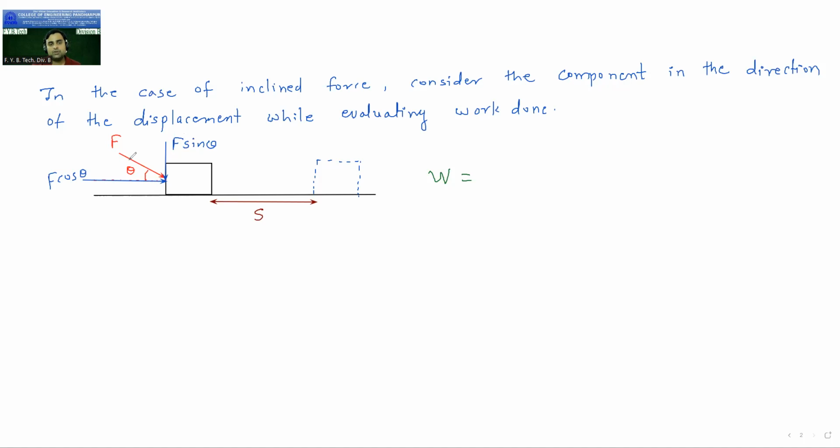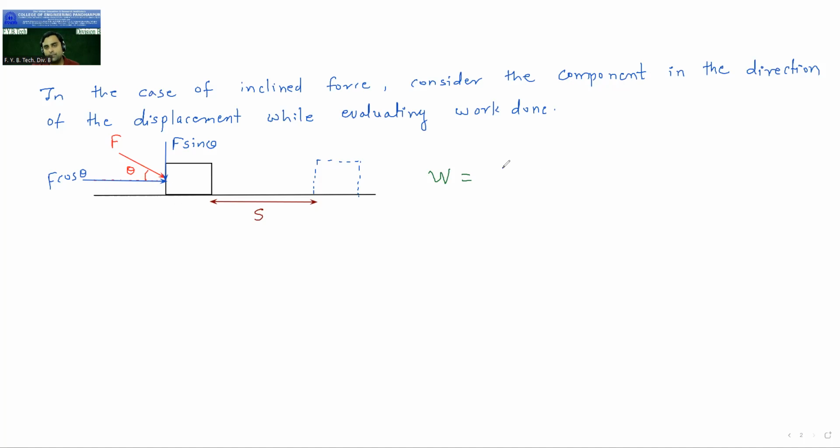Now forget about the main force, consider the components, and see the component which is in the direction of the displacement. It may be in the same sense or in the opposite sense. If the displacement is horizontal, you should consider the horizontal force. If the displacement is vertical, you should consider the vertical force. Here our displacement is horizontal, so this is the horizontal component F cos theta.